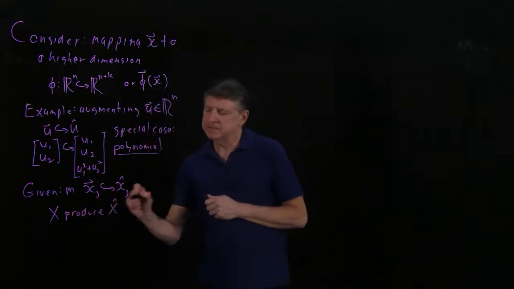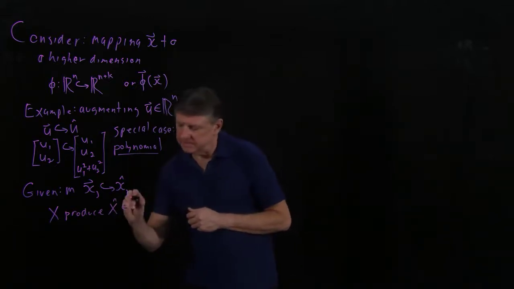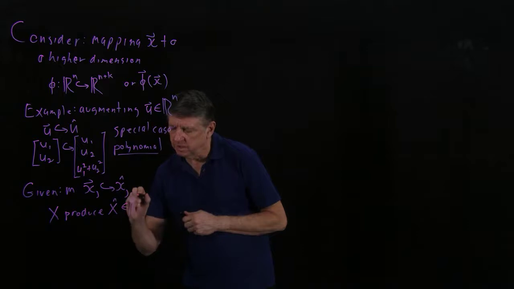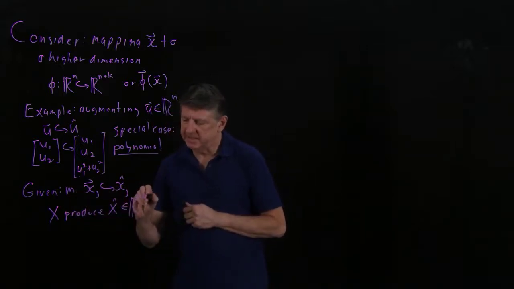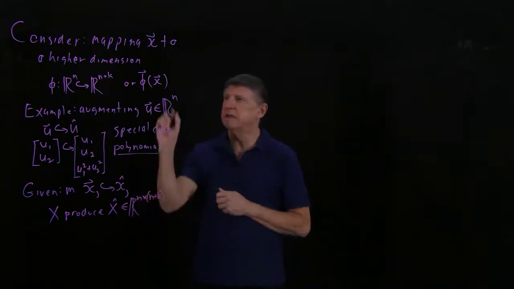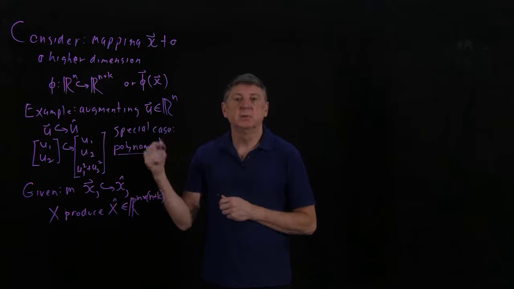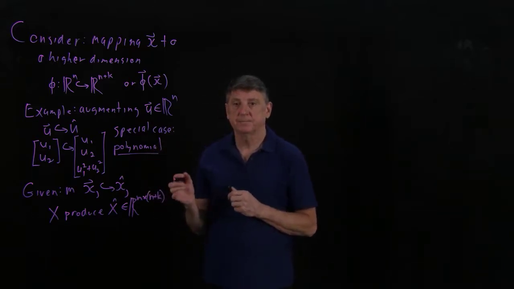And this design matrix will have a specific size. That is, the number of rows will be the same as the original design matrix, and then it will be n plus k, where k is the number of extra dimensions that we're adding by doing the embedding.